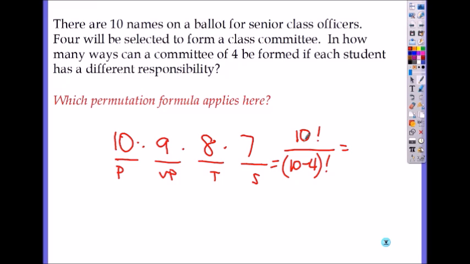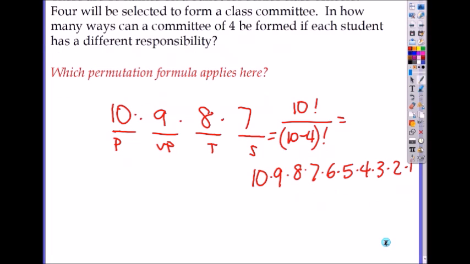You decrease it by 1. So it is, I'll write it here, 10 times 9 times 8 times 7 times 6 times 5, 4, 3, 2, 1. But a lot of times we don't write 1 because multiplying by 1 is the same as itself.